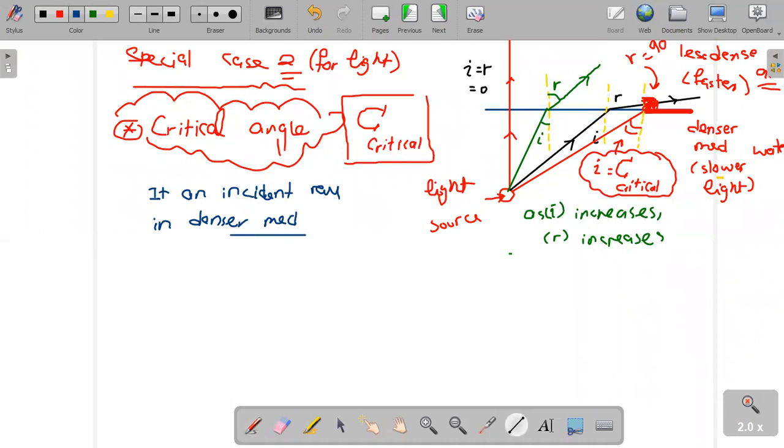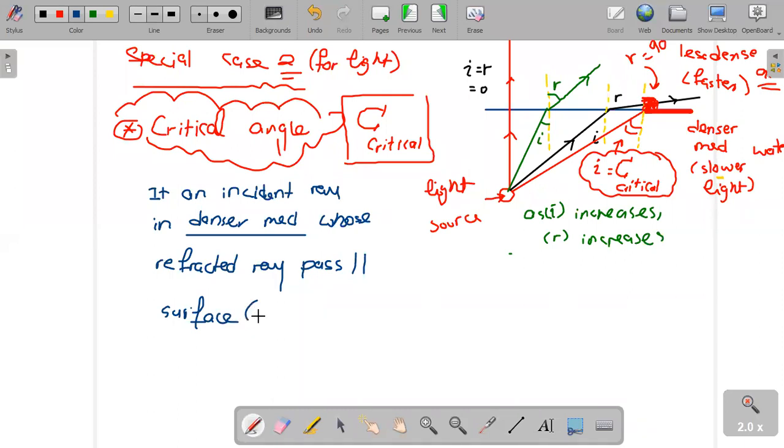It should be in the denser medium; it can never be in the less dense medium. In the denser medium, whose refracted ray is parallel to the surface or touches the surface.